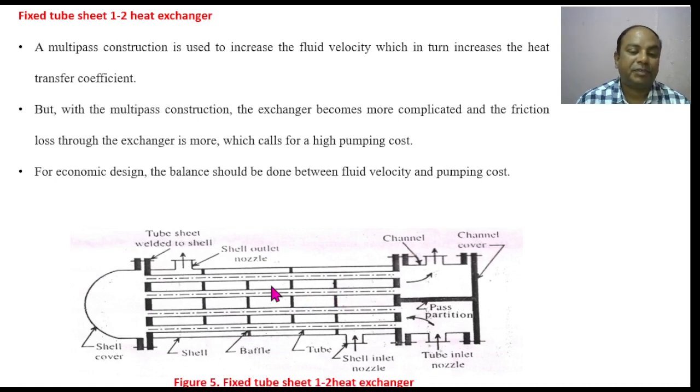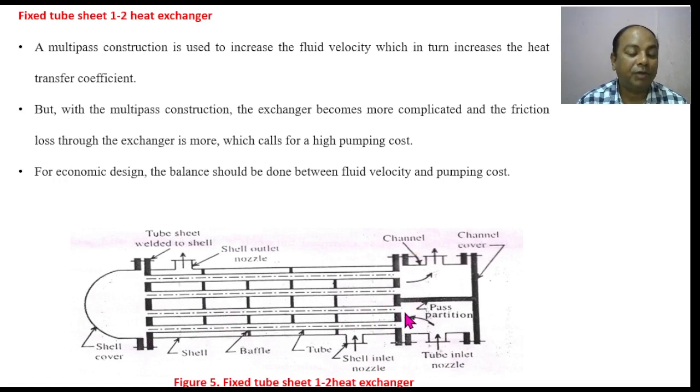On the other hand, we want to achieve multipass. Why do we require multipass construction? We require it because the fluid needs to be passed with high velocity.